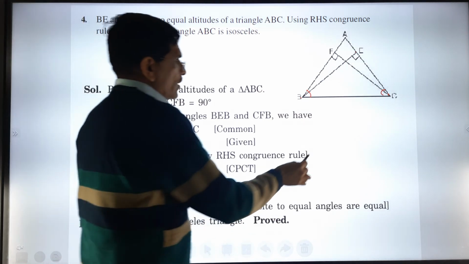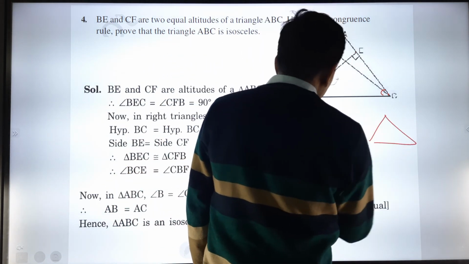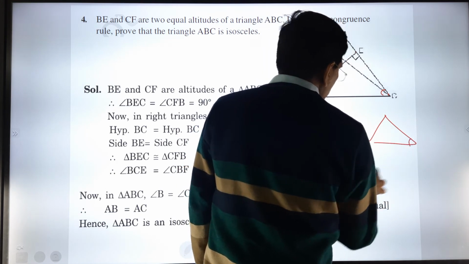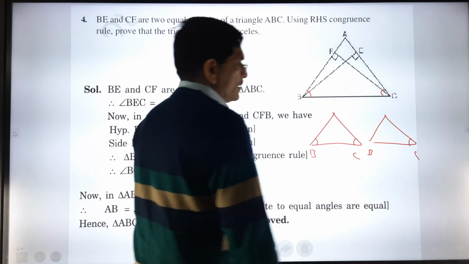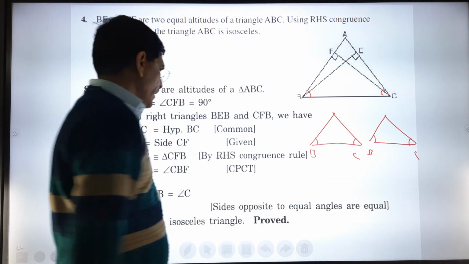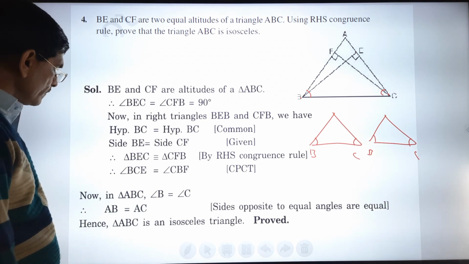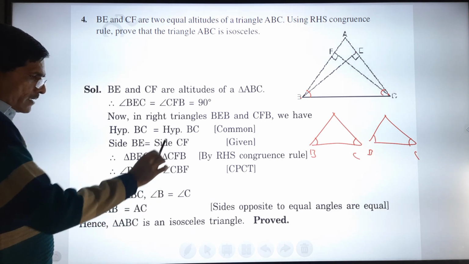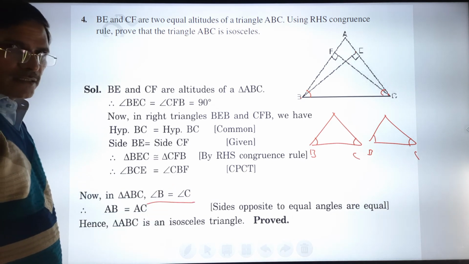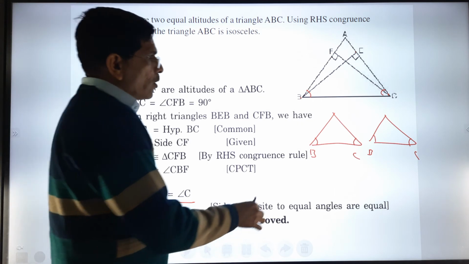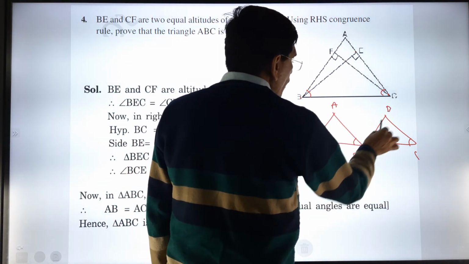Now again I am writing these two triangles here. The angles of the two congruent triangles are equal, that is angle BCE is equal to angle CBF. If angles are equal, it means angle B is equal to angle C. When angles are equal, then the opposite sides are also equal.